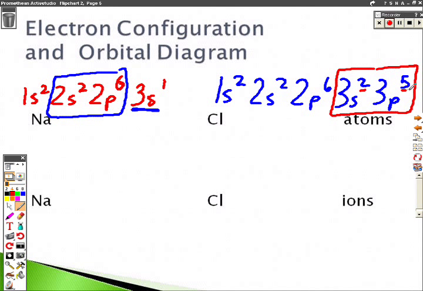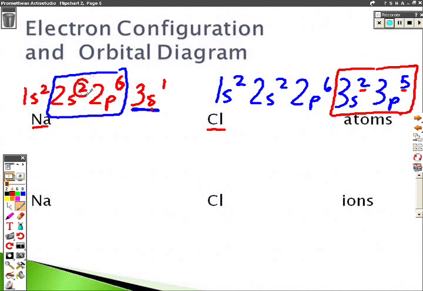It doesn't change. Sodium still has the same number of protons, and chlorine still has the same number of protons. But when it loses this electron, it becomes charged positive because the negative charge goes down by 1. And if this gains an electron, this charge of chlorine goes up by 1, and so it becomes charged -1.